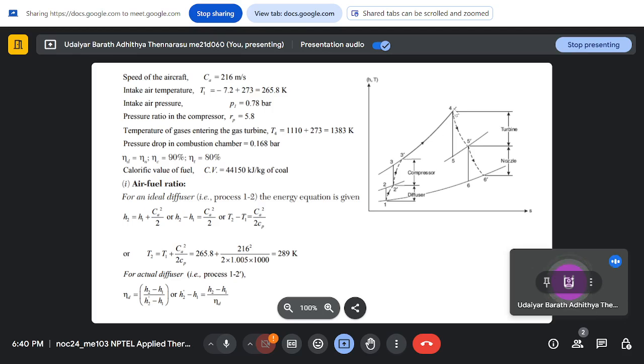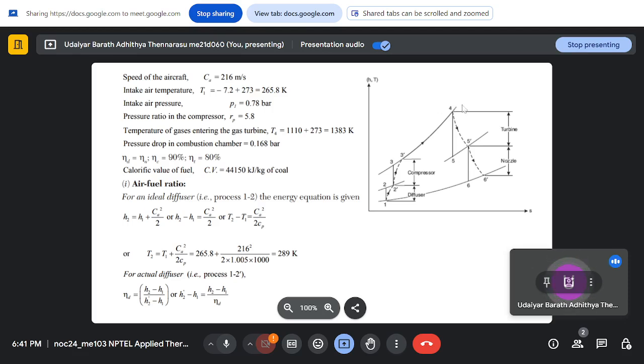From 3 dash to 4, you are in the combustion chamber where heat is added, or combustion raises the temperature, not pressure, so it's a constant pressure process. But here there is a pressure drop, though this is shown as constant pressure, so there is a slight pressure drop across the combustion chamber. So 4 will be at lower pressure compared to 3 dash, and that temperature is given, 1383.